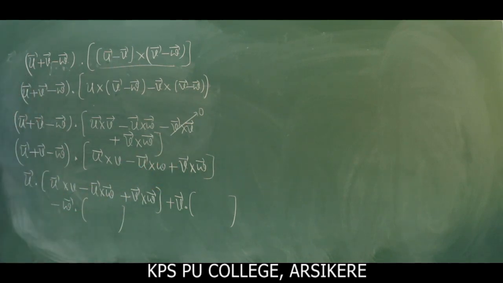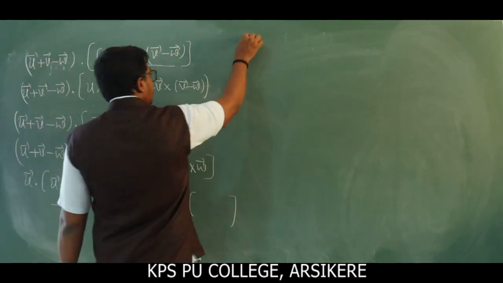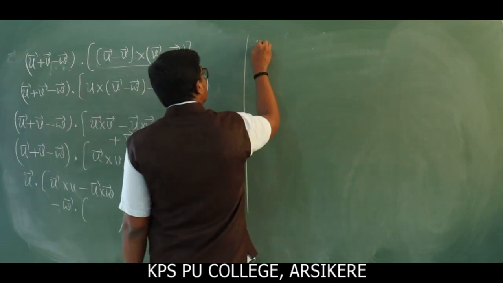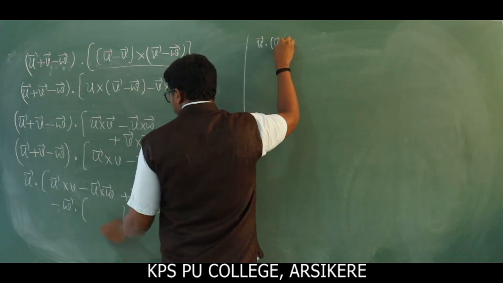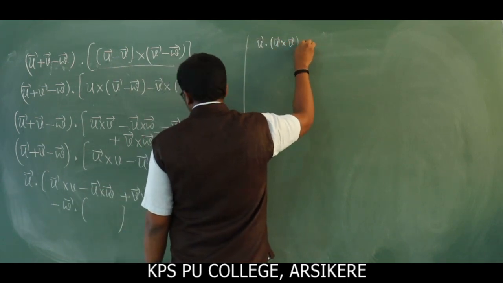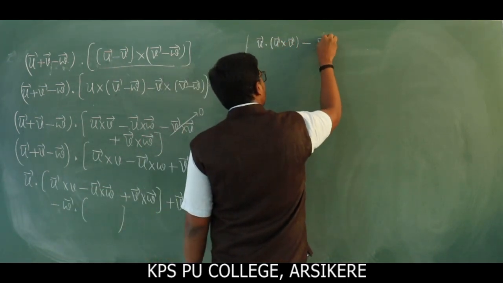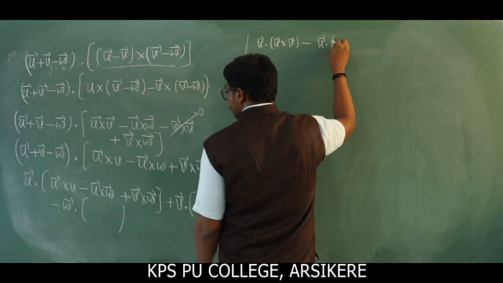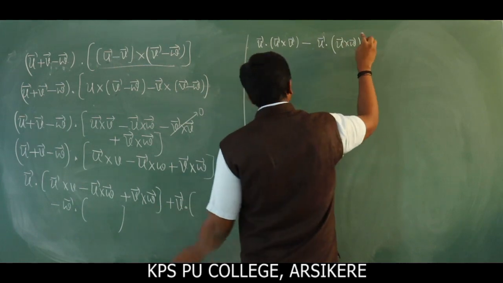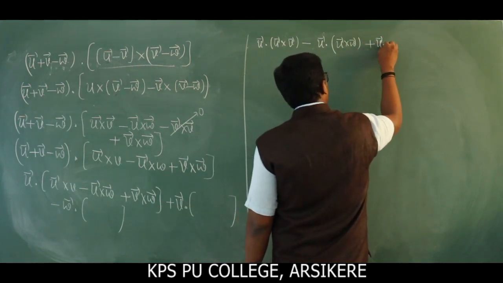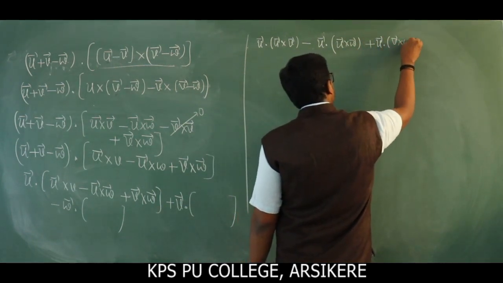Next step is simplification. The first term becomes u dot u cross v, minus u dot u cross w, plus u dot v cross w.